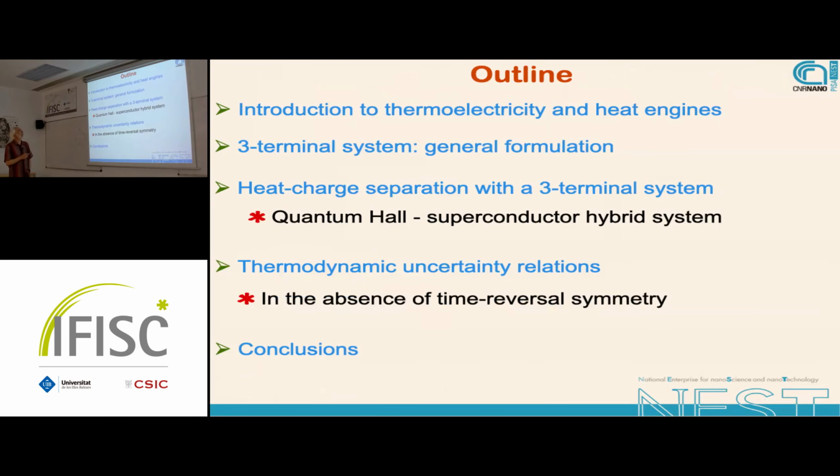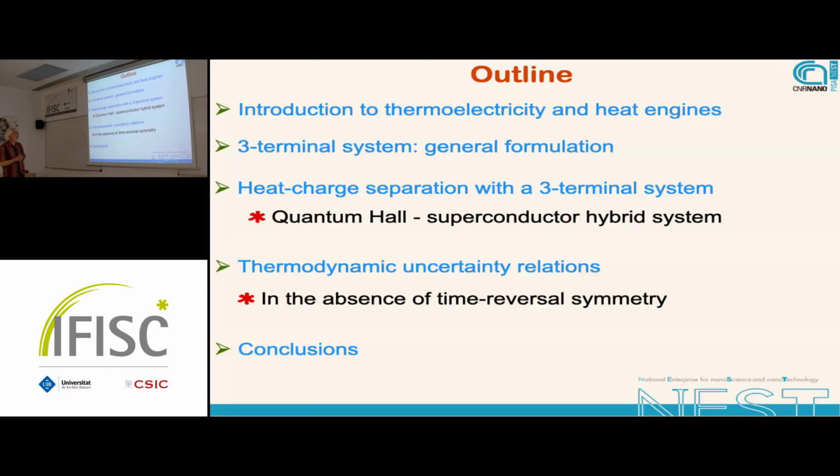So the outline of the talk is the following. I will give a brief introduction on thermoelectricity and heat engines. Maybe it's completely useless for this audience, but maybe for some people it can be useful. Then I will take the problem from a bit far. I will first introduce the three-terminal heat engine, just to see what happens when you add a terminal to the usual two-terminal system.